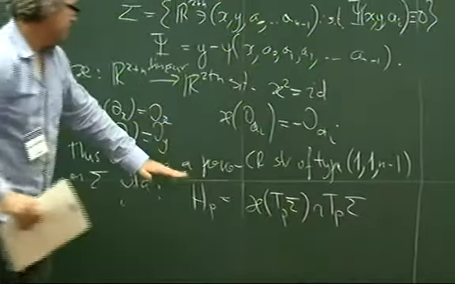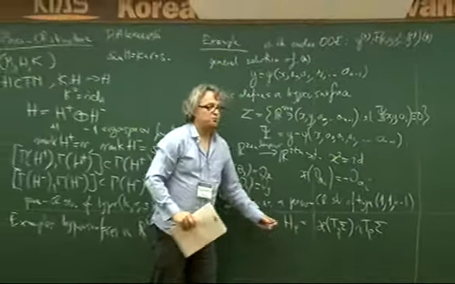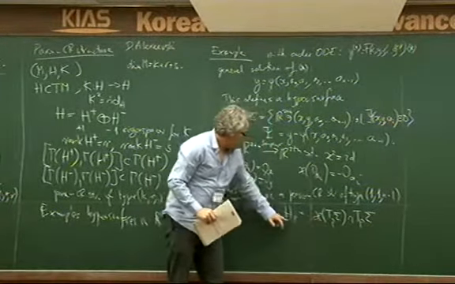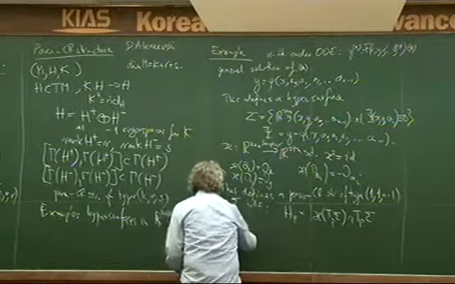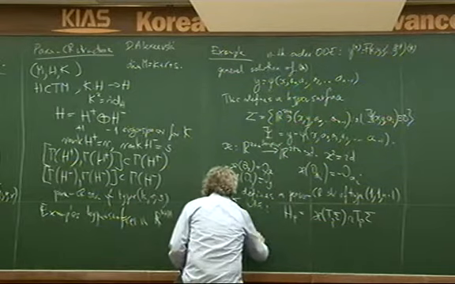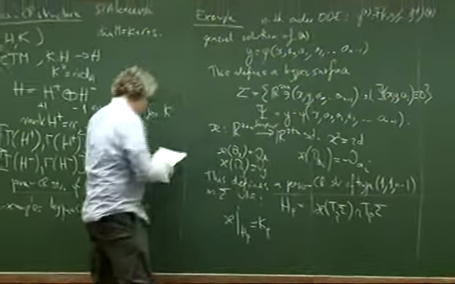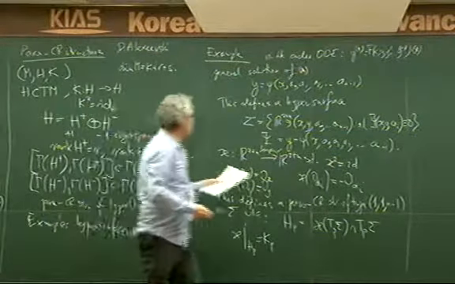This defines an operator K from H_P to H_P, namely kappa restricted to H_P is my K at P, and this K gives me a para-CR structure.